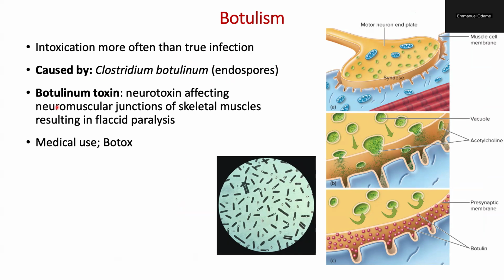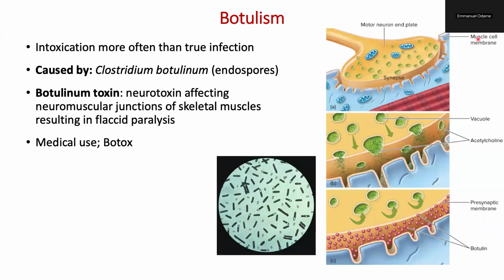How it works is the botulinum produces a neurotoxin, which basically affects the neuromuscular junctions of your skeletal muscle, resulting in flaccid paralysis. We actually use this for medical reasons, mostly when you go for Botox, specifically those who do cosmetic surgery for Botox. So this is how it works.